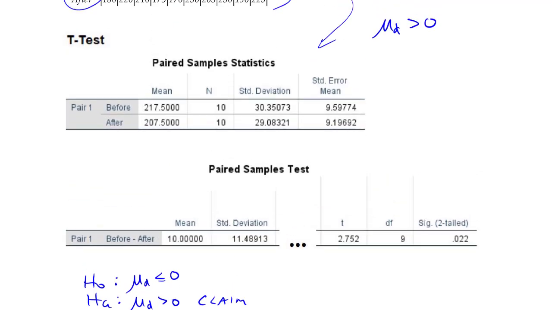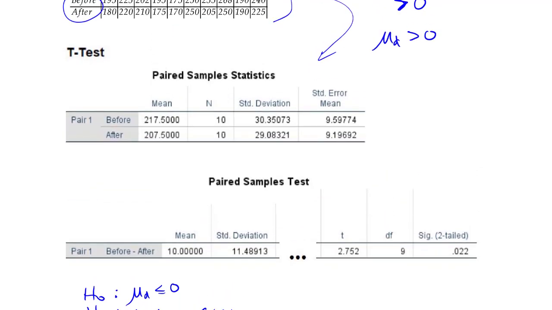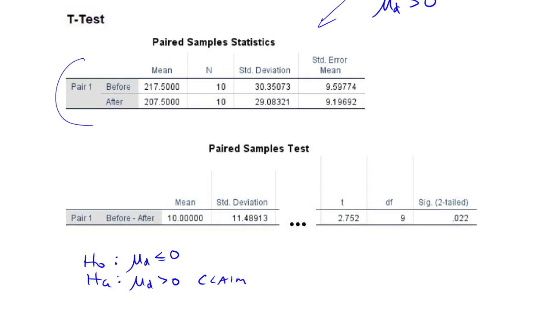Now we need to go in and look. There was just our sample information, and here's the paired sample t-test. Here's the t that we got, there's the degrees of freedom, and there's the all-important p, except it's our significance, and it is a two-tailed.